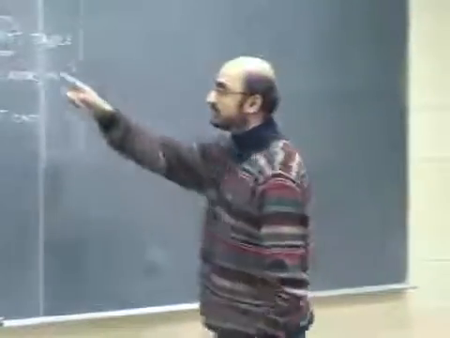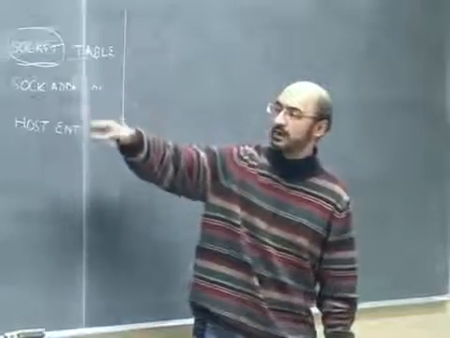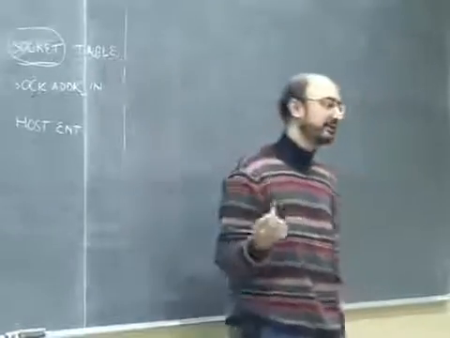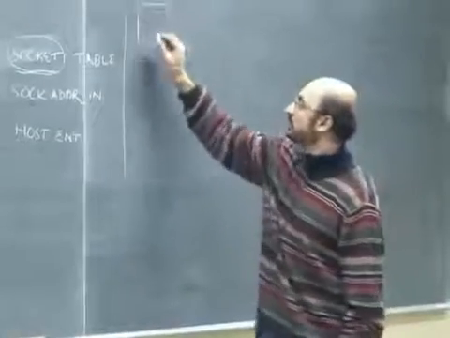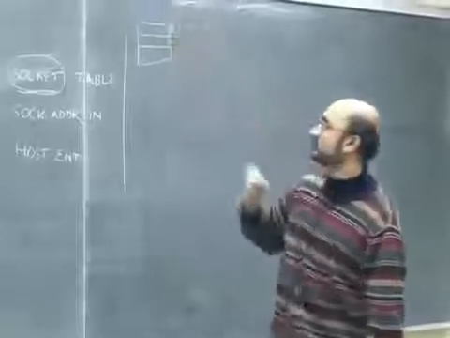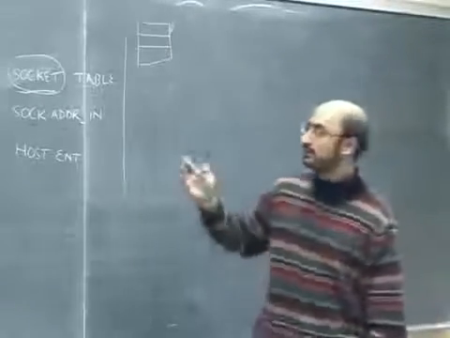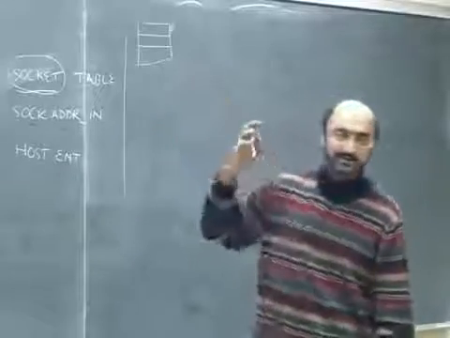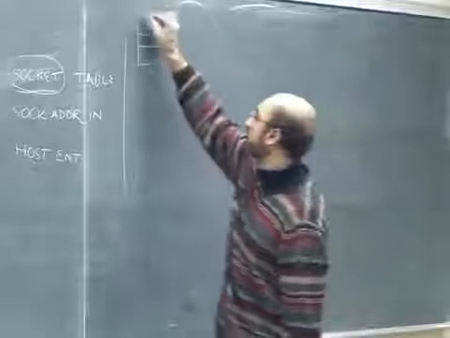The set of sockets that are available to a particular client or server is put in a socket table. The socket is just the index into the socket table, and the socket table contains all the necessary information about that socket. Who is it talking to? What state is it in? Has it been established? All of that is in the socket table.